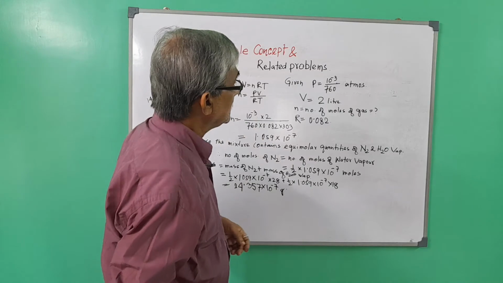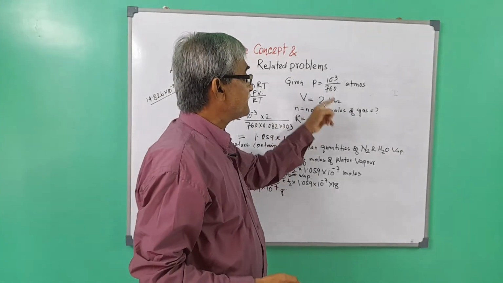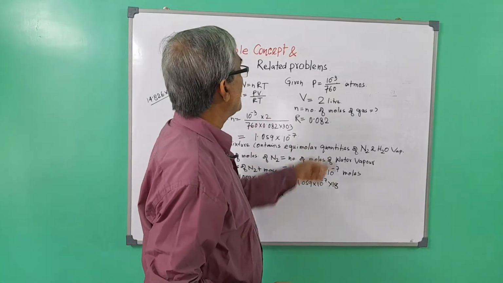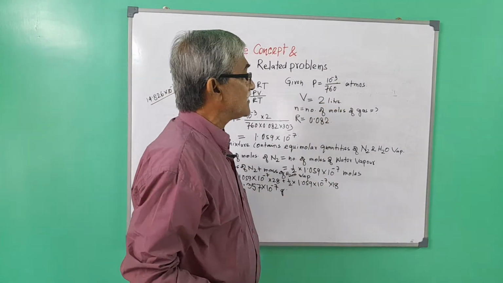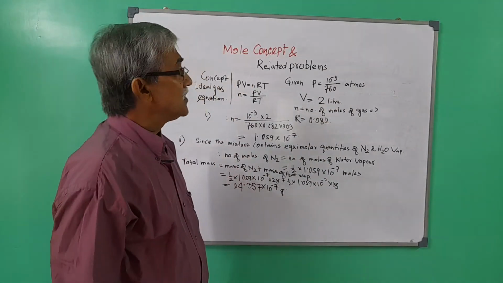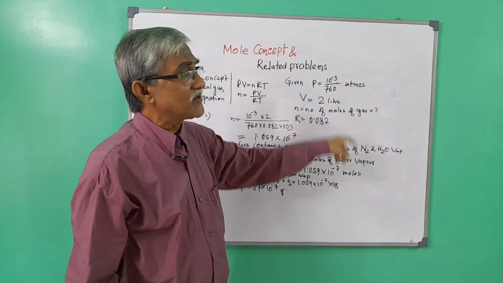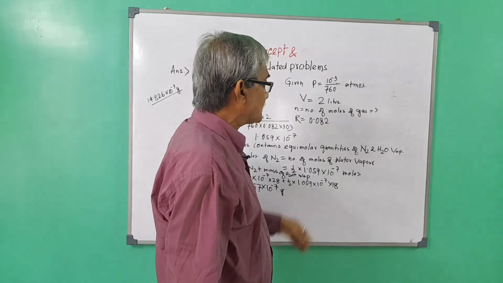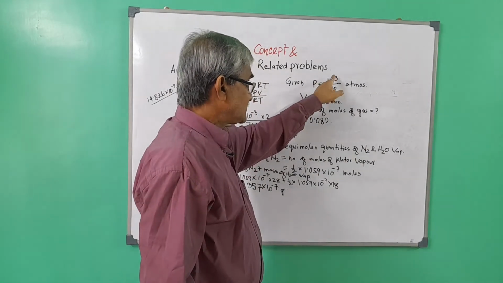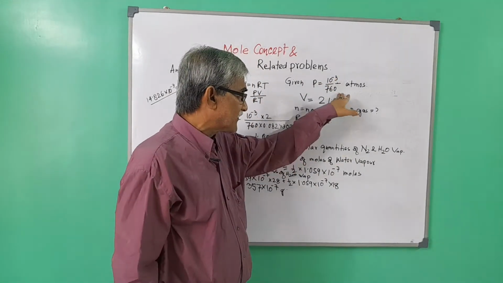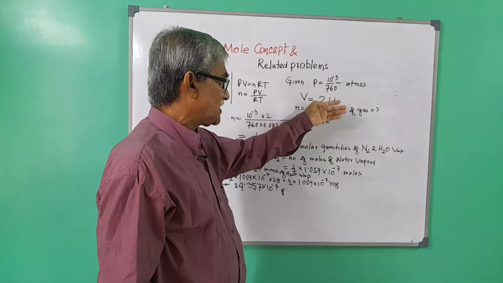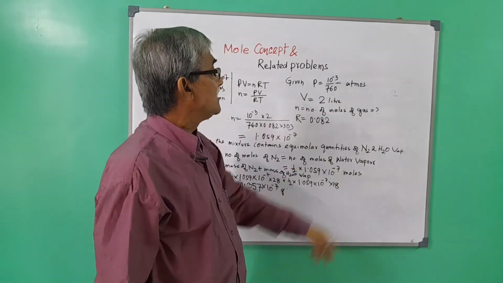Now what is given? The pressure of the gaseous mixture, your nitrogen and water vapor, is 10 to the power minus 3 millimeter of mercury. You know 760 millimeter of mercury equals 1 atmosphere, so we have to convert it into atmospheres. Therefore P is 10 to the power minus 3 upon 760 atmosphere.